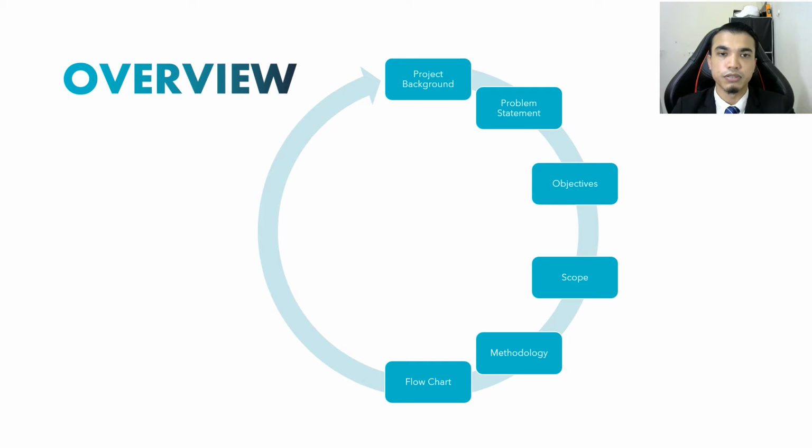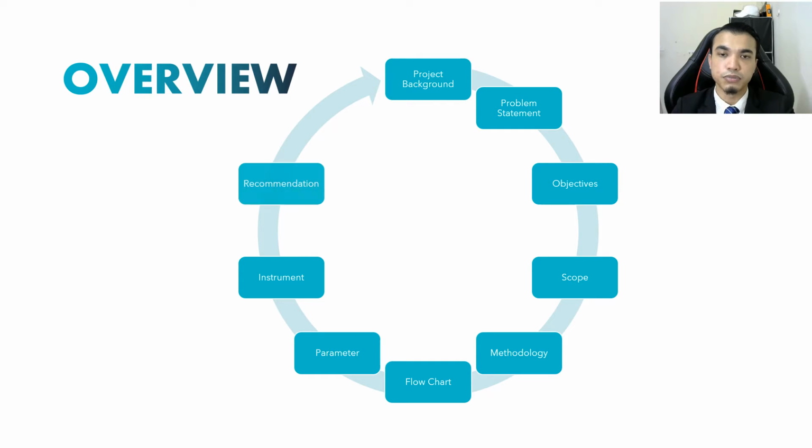Moreover, it's about the flowchart that makes the project complete. And next, I will explain about fast Fourier transform or FFT and statistical analysis to characterize the welding signal. And last but not least, I have the instrument, recommendation, and also the conclusion.